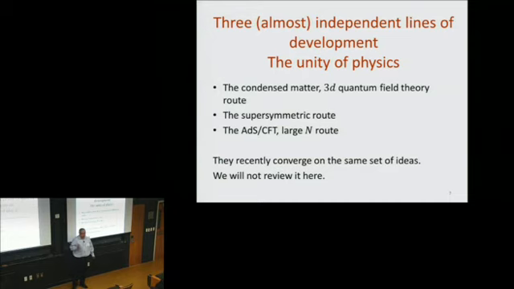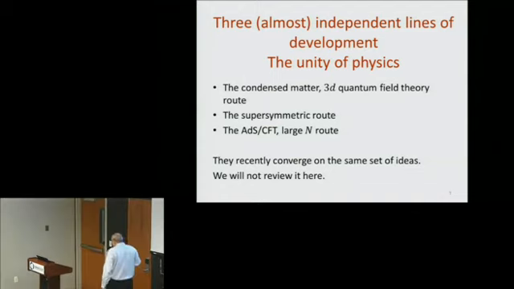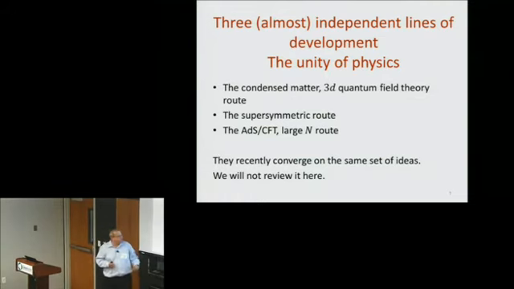The second thing is that I'm going to have a lot of conjectures here. And one of the reasons I find these conjectures appealing and interesting and believable is that the same set of conjectures follow almost independently from totally different starting points, as different as you can.